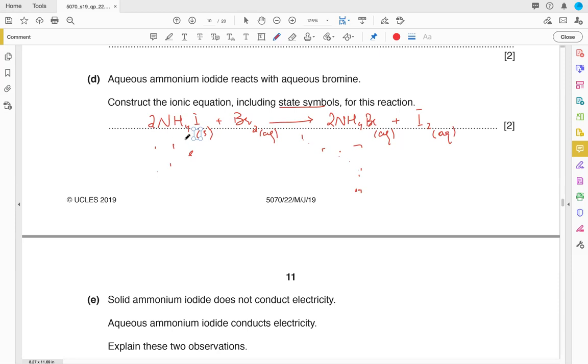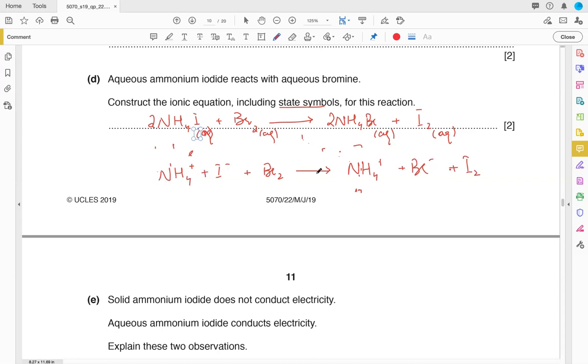Now what will happen? Anything that is going to react, you ionize it. So ammonium is going to ionize and you will get ammonium positive. You can also say that this is aqueous, because it will dissolve in water once you add it. Plus iodide plus Br2, which is just a molecule, it won't ionize. And on this side, you have ammonium ion and you have bromide ion and you have iodine, which is again a molecule that did not ionize.